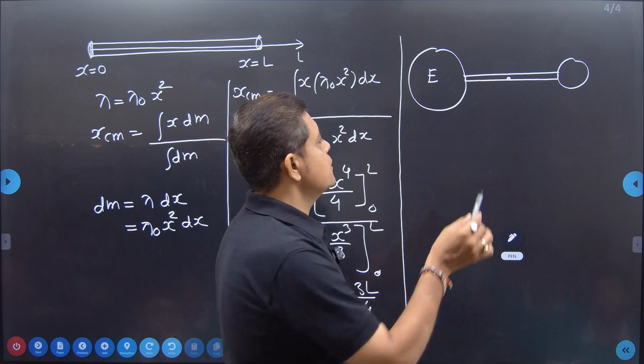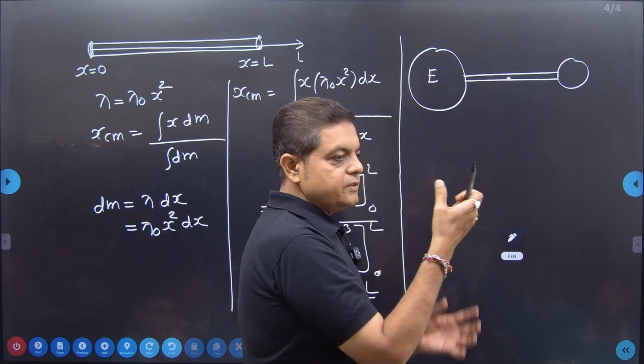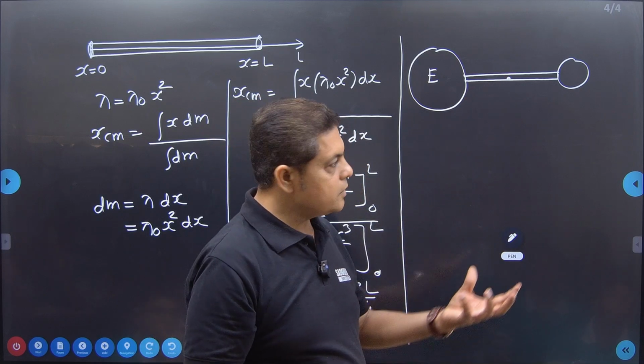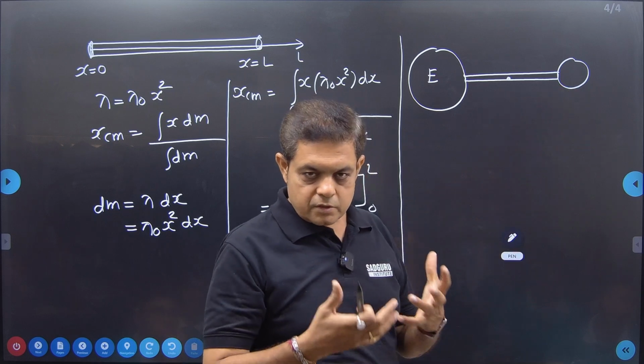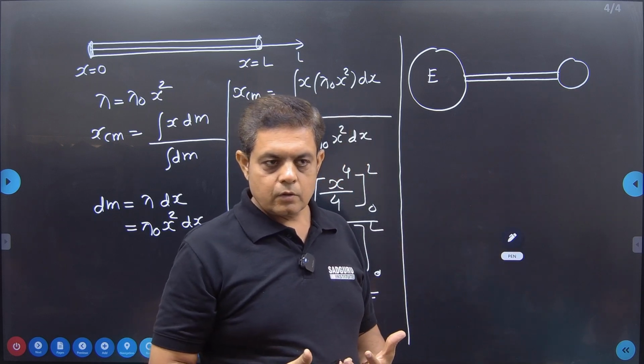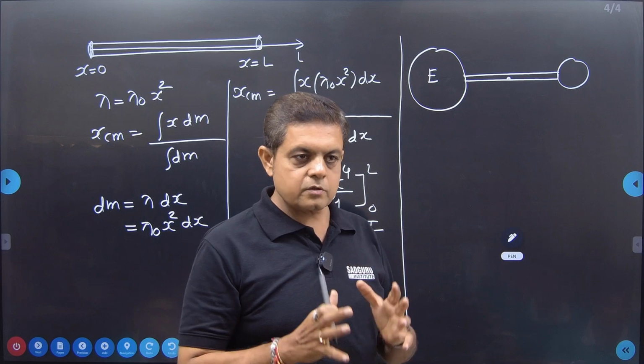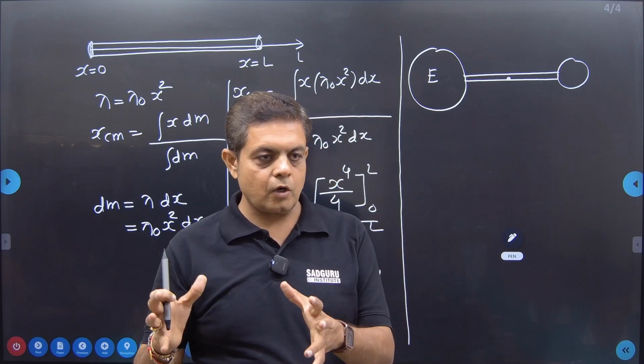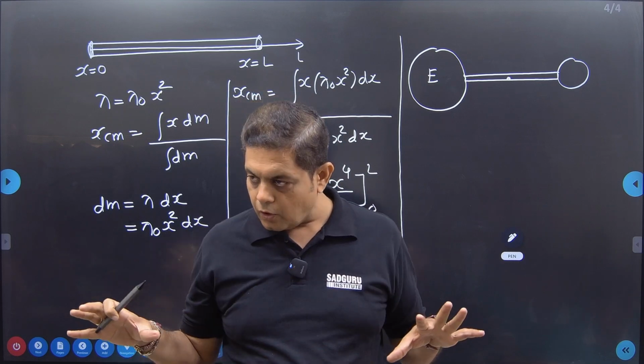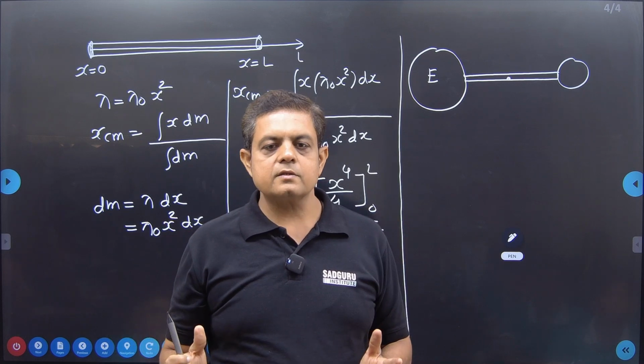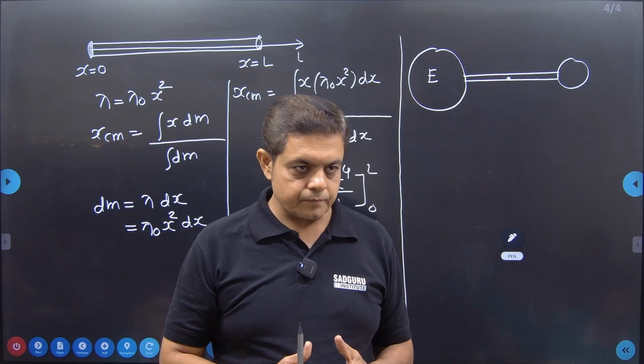Because near the earth, g is greater. On this side, near the moon, g is smaller. So in this case, because the gravitational field is not uniform for this rod, the center of mass is not the center of gravity.